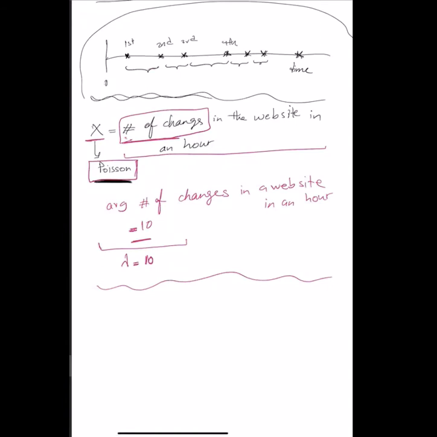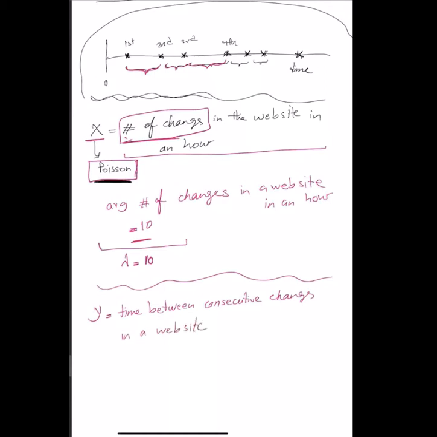So now I also can look at the time between these changes. So I will consider that as y. So y would be time between consecutive changes in a website.